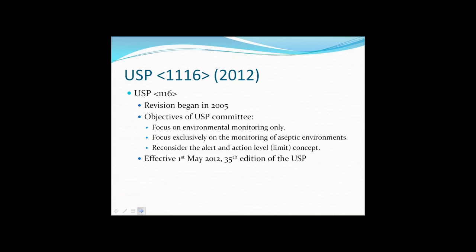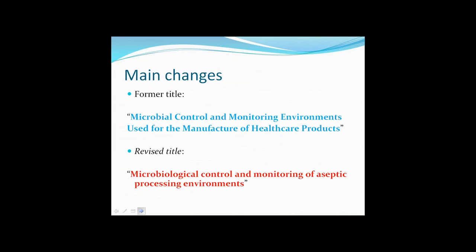So after a long process, the final version of the chapter appeared on the 1st of May 2012. So, in considering the main changes, perhaps the most striking change is the change of title. So you can see here that the emphasis is upon aseptic rather than general clean rooms used for any healthcare product.